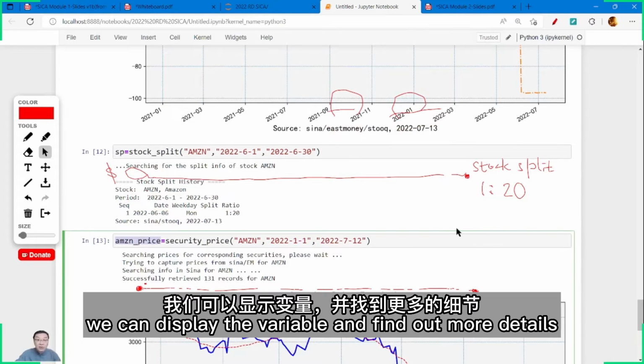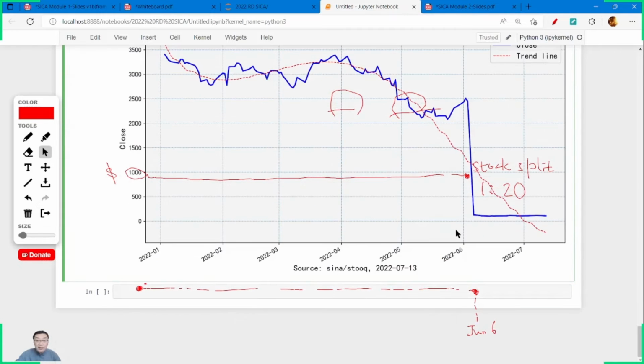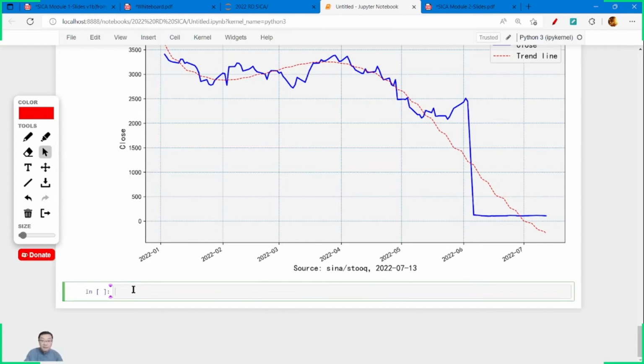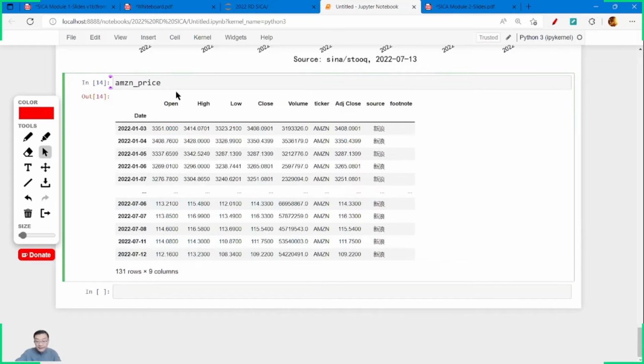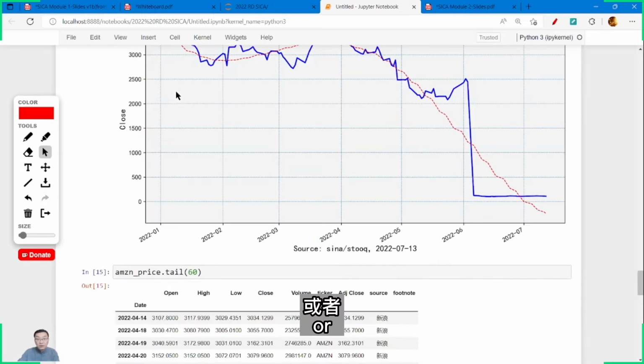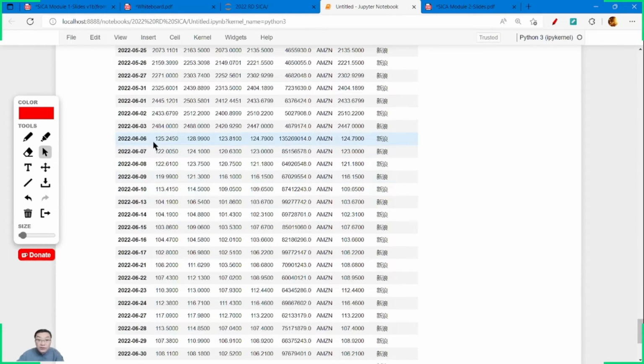Okay, let's find out more details. Here we have here. Okay. Copy. Let's look at. Oh, might be too much. Okay, let's look at tail for last 60. Still too much, right? Oh, June the 6th. Okay, it is roughly 125. Can you look at here?